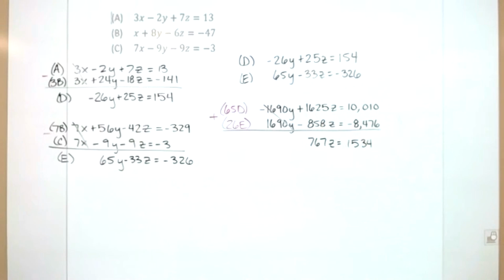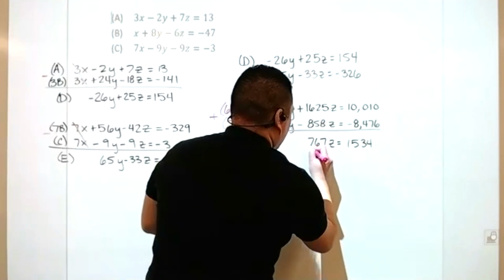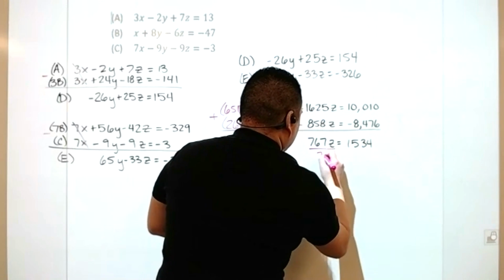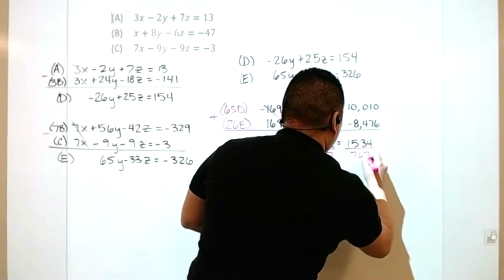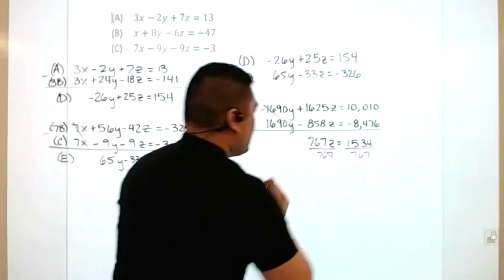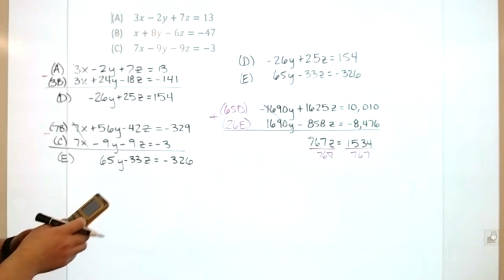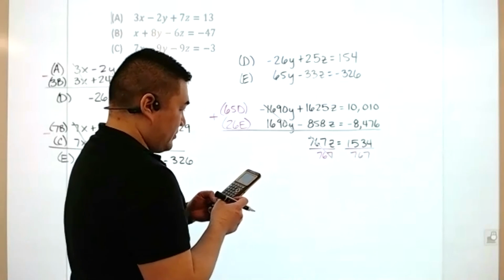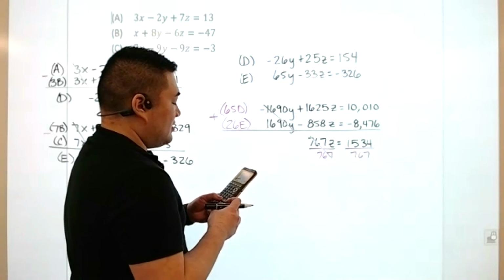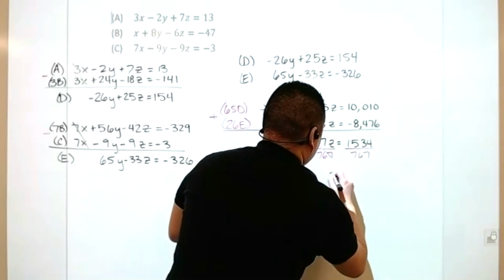And this is when I hope, when I divide by this 767, that I get a nice integer as an answer. All right, here we go. 1,534 divided by 767. Whew, z equals 2.